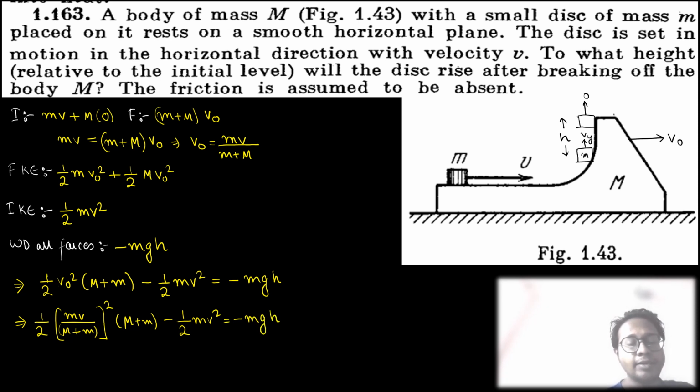Out here, we cancel out one factor and the square, divided by m plus M.